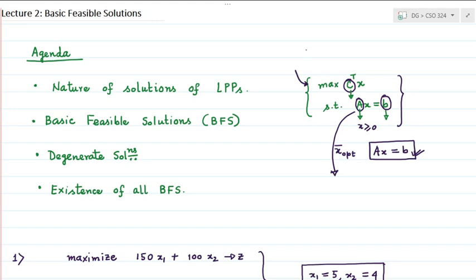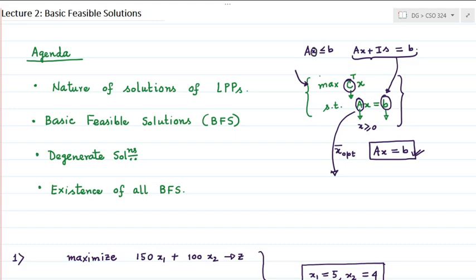In the canonical form, we have the constraint set given by Ax less than or equal to b, and then by adding some slack or surplus variables, Ax plus Is, where I is a matrix whose only nonzero entries are diagonal entries 1 or minus 1, with the slack or surplus variable vector s, equals b. So that equality constraint is written over here. Don't be confused between this x and the x over here.